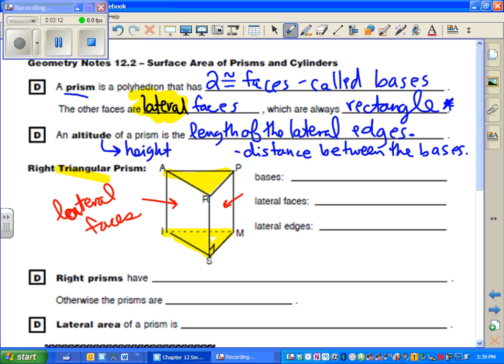And then the last part of it is these lateral faces all meet. And where they meet, the part in blue, is called your lateral edge.